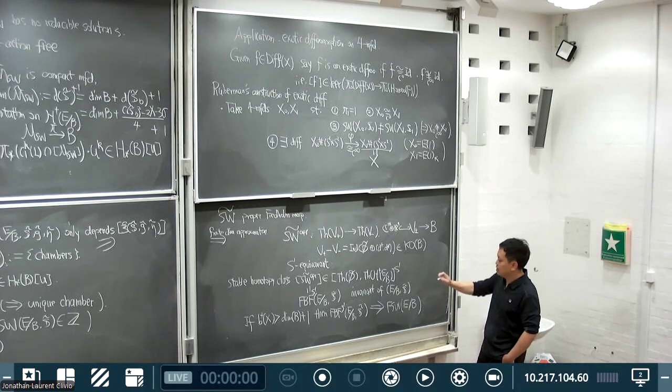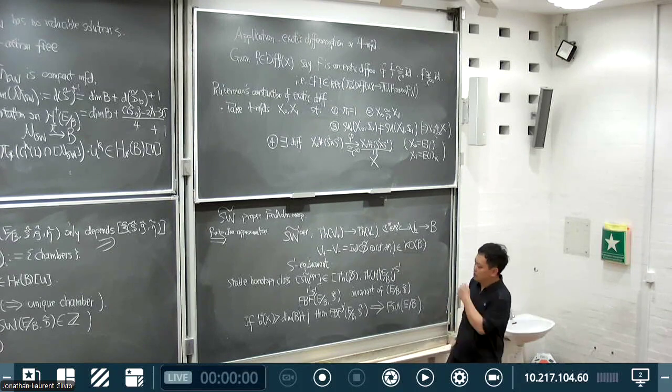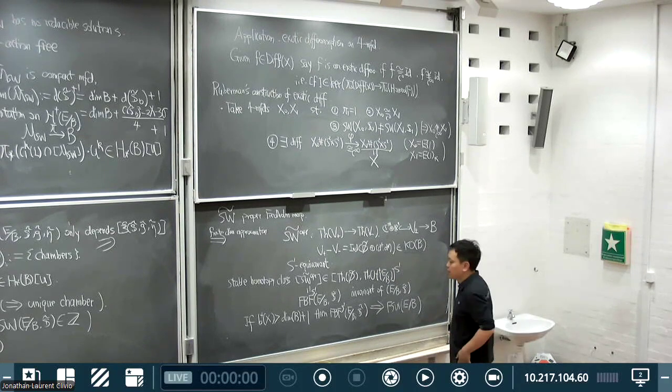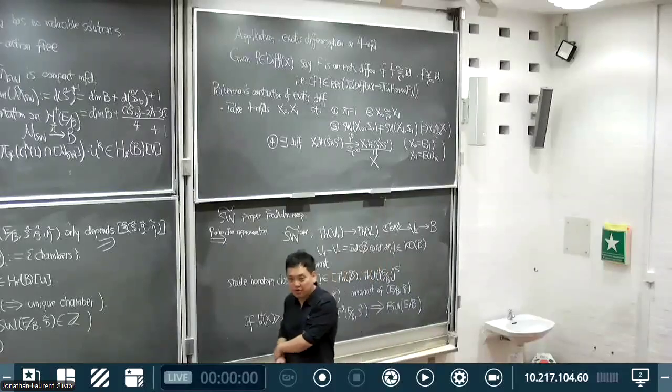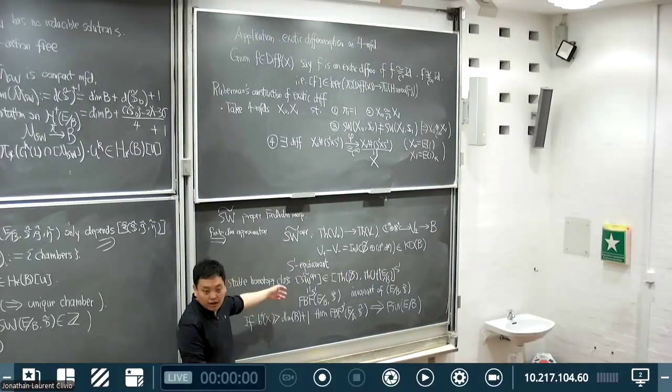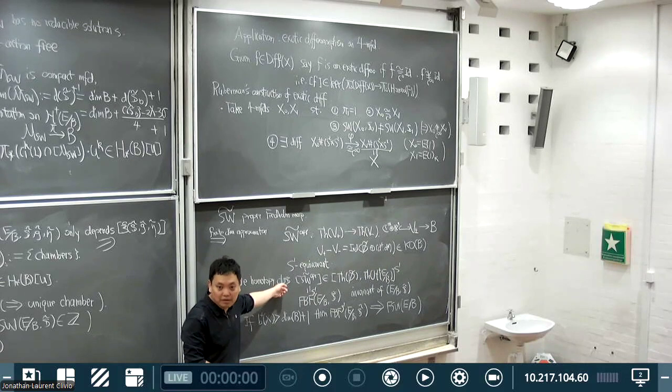Basically, you just count a certain mapping degree. This is not the case if b plus equals or is less than that. In that case, the Seiberg-Witten map contains some additional information which is not seen from the stable homotopy refinement.